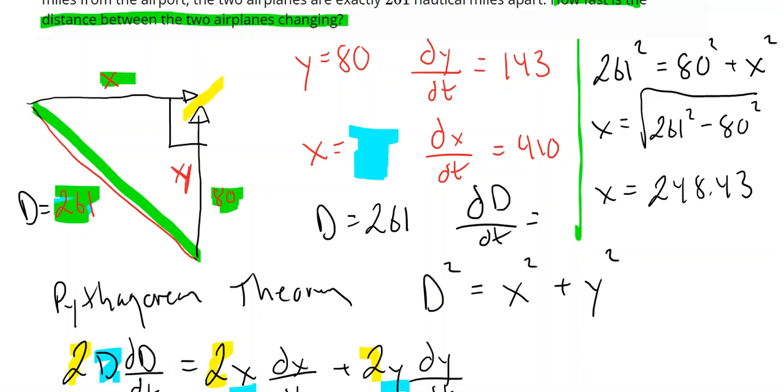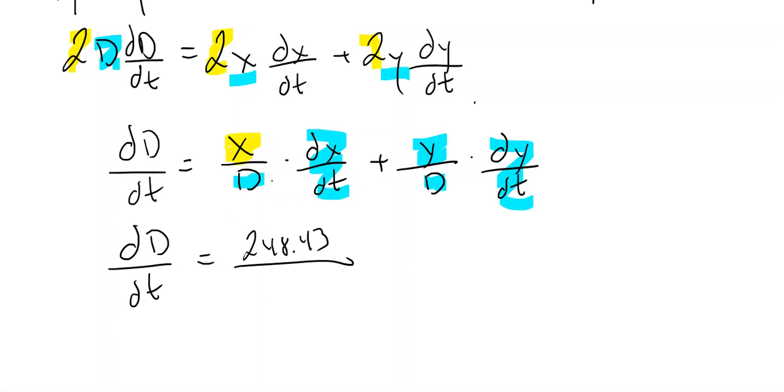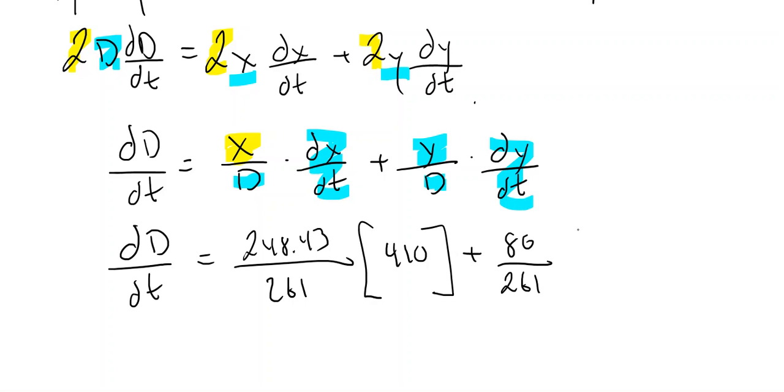So dD/dt is equal to X, which was 248.43, divided by the distance D, which was 261, times 410, which was dx/dt, plus Y, which was 80, over capital D, again 261, times dy/dt, which was 143.